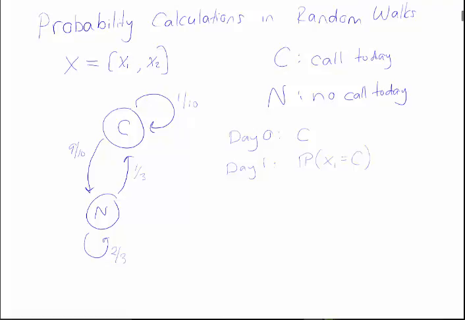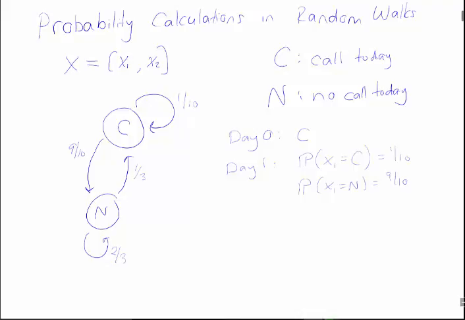So looking at our diagram, if I called her on day 0, the odds of calling her again on day 1 are 1 in 10. And the odds that I don't call her on day 1 are 9 in 10. So far we haven't calculated anything, we've just used what we're given.